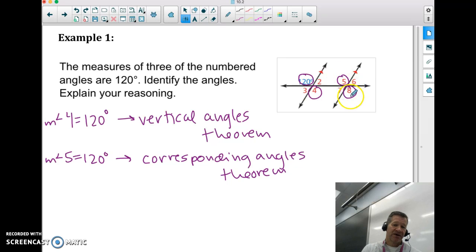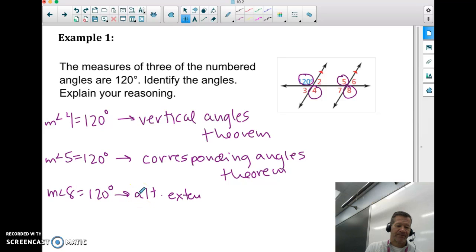You can tell it's the same. But the reason 8 is the same as this 120 is because they're alternate exterior. So the measure of angle 8 is 120 by the alternate exterior angles theorem. And that is it for example 1.